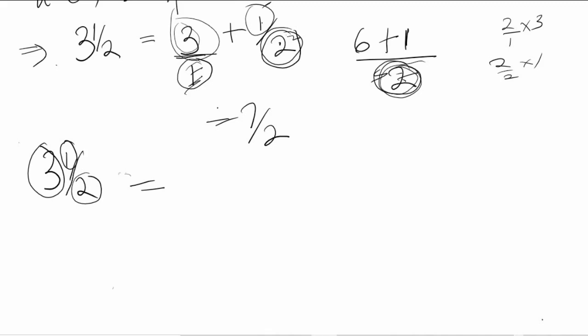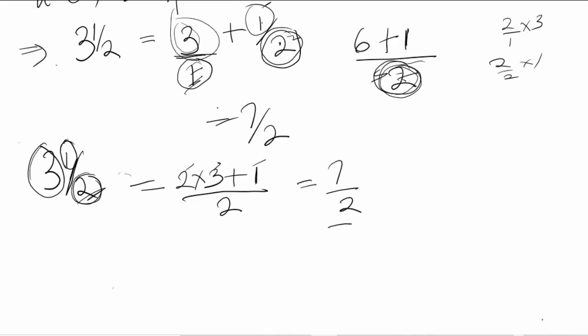It becomes 2 times 3 plus 1, divided by this 2, the denominator. 2 times 3 is 6 plus 1, 7 over 2.